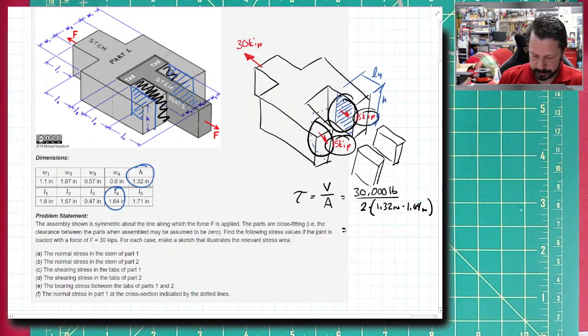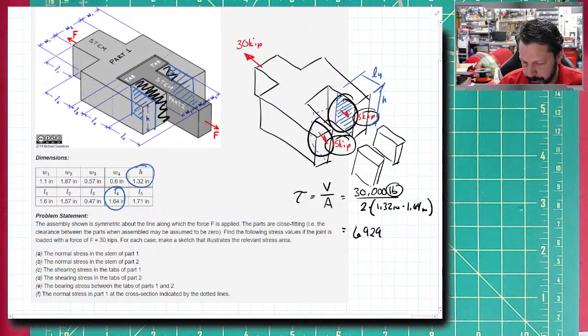And so our shear stress should be, let me get my calculator set up right. 1.32 times 1.64 times 2, and 30,000 divided by that denominator is 6,929.